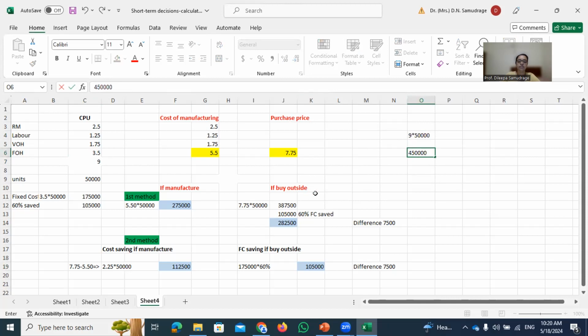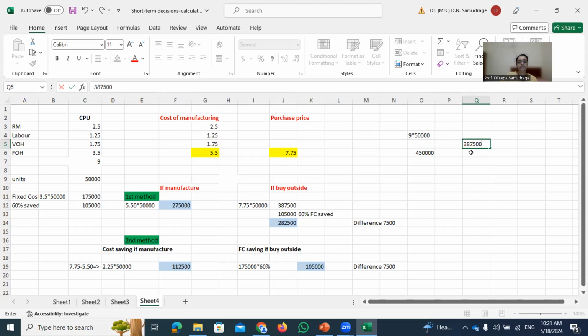Next, if you purchase from outside, 775 into 50,000. How much? 775 into 50,000 is 387,500. Right? And also, if you save 60%, that means you have to incur 40% of the fixed cost.